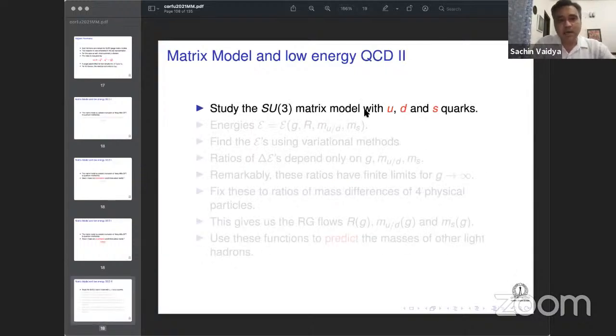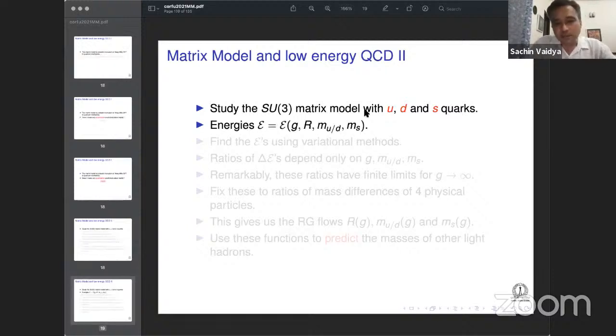So for that, let's look at the SU(3) matrix model, which is coupled to 3 flavors of quarks, U, D, and S. So this is, if you like, as close as you can get to Yang-Mills theory, to QCD actually. The matrix model has a Hamiltonian, so therefore you can compute its energies.